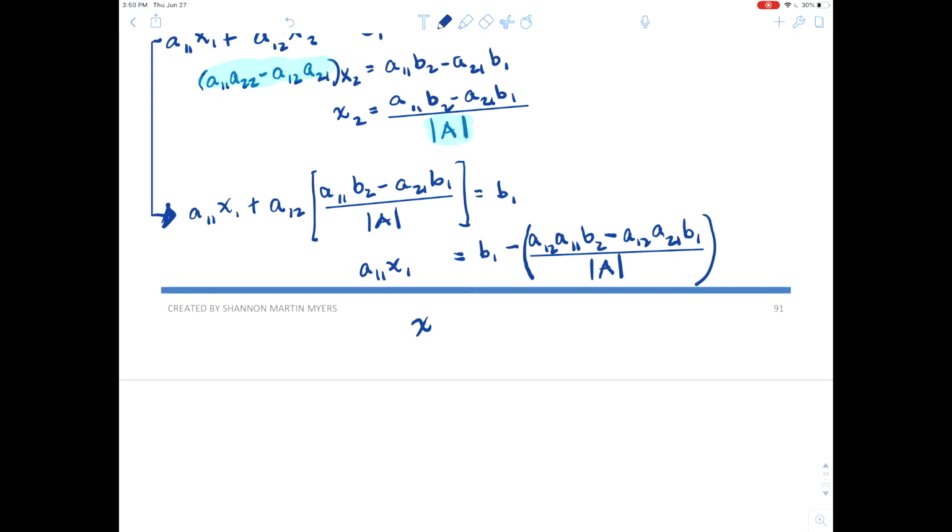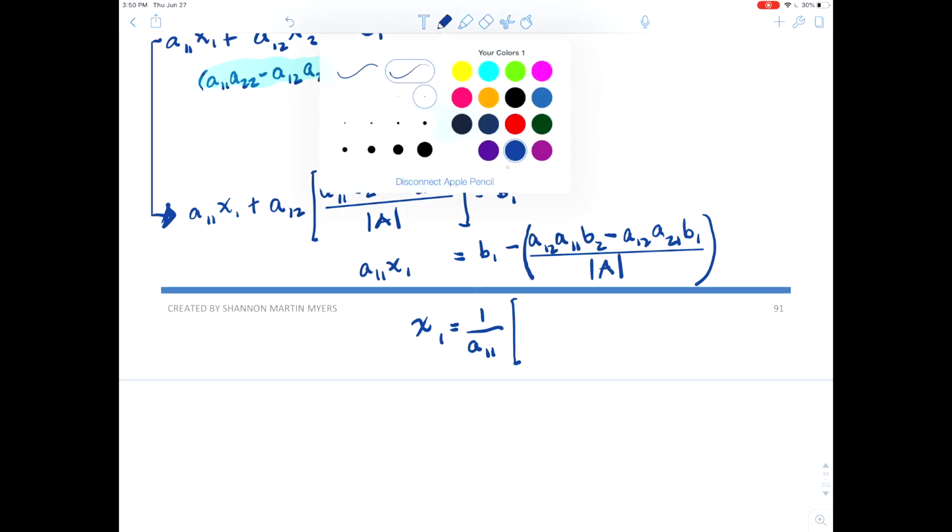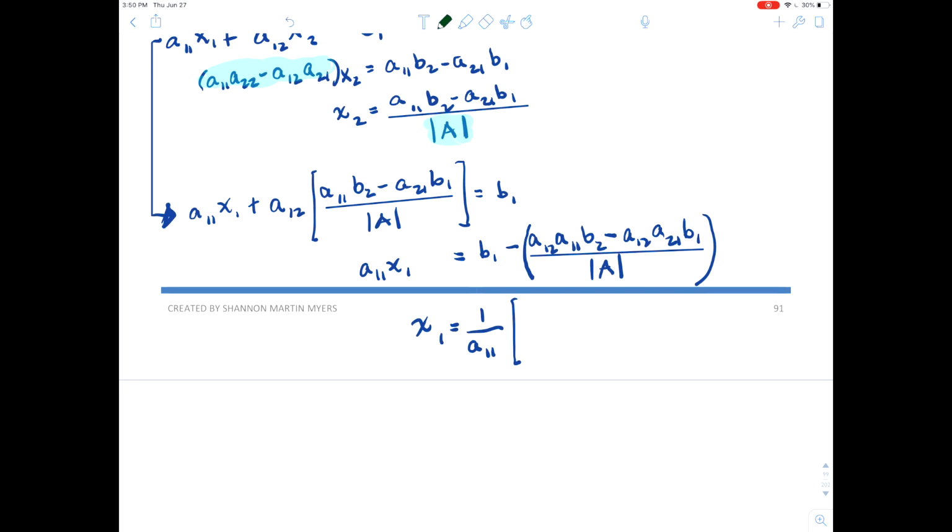So next up, well, we can isolate our x1, can't we? So x1 will end up being 1 over A11 times... Now I'm going to get a common denominator and simplify a little bit on what we had initially. So to get a common denominator on this stuff, I would need to multiply by the determinant of A over the determinant of A, right?